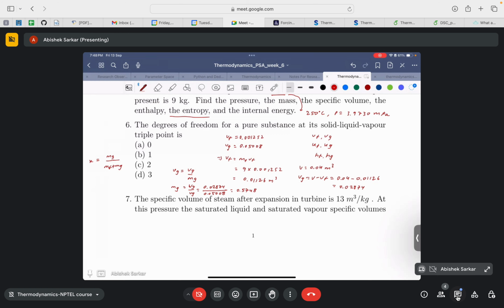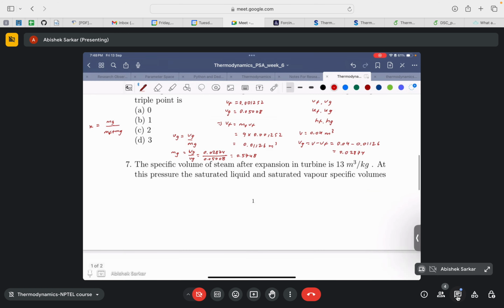Yeah. So now you can easily find out the value of the dryness fraction. It would be 0.5748 divided by 9 plus 0.5748.